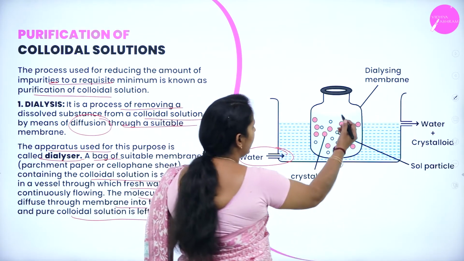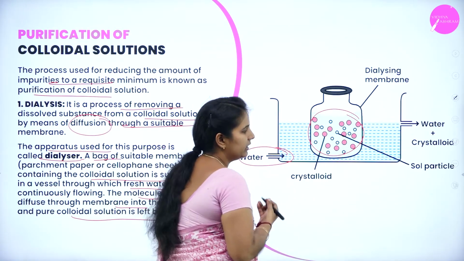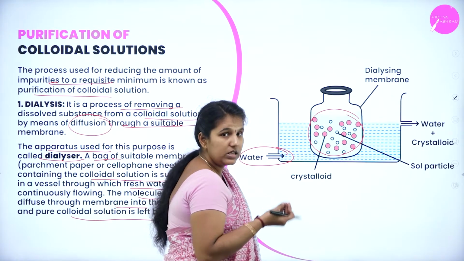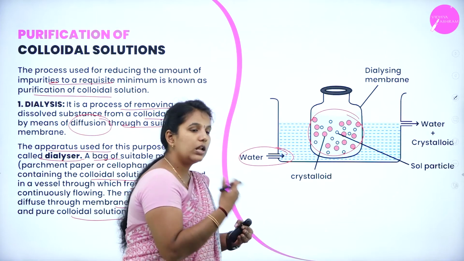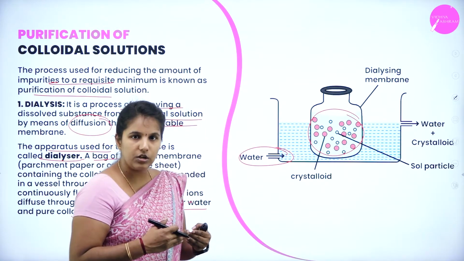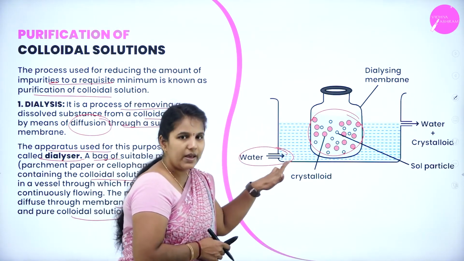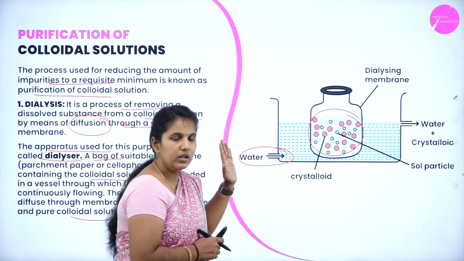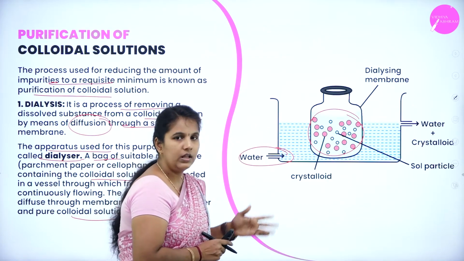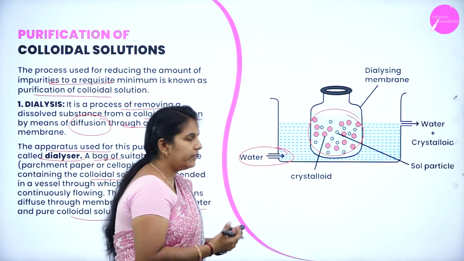So we know that in our bag we have taken the colloidal solution which consists of some soluble substances. How do we remove the soluble substances from our colloidal solution? By placing this bag in the water. Here fresh water is flowing around this bag. So what will happen?